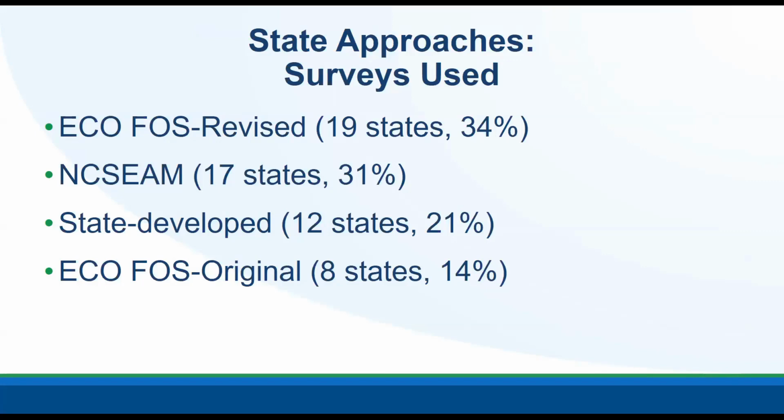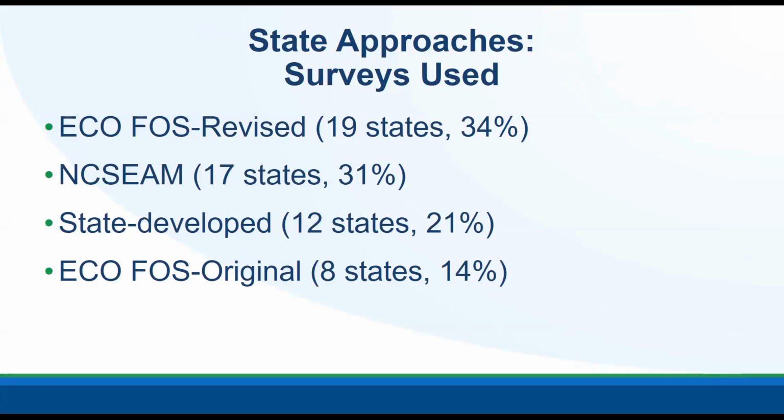And just one note on the surveys used that I want to make you aware of is that we coded for the tool that was used for the Indicator C4 reporting. So in some cases, states may have added state-specific questions to a validated survey, or they might have added APR questions to a unique state survey.